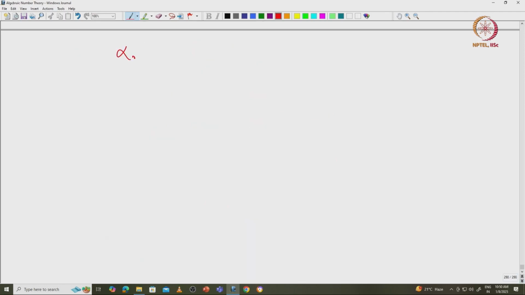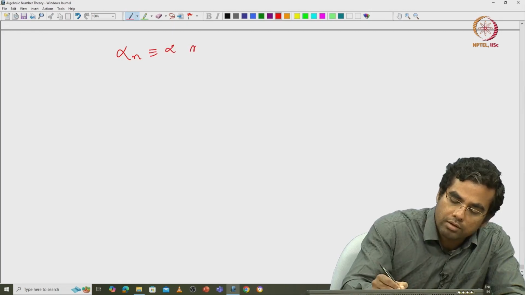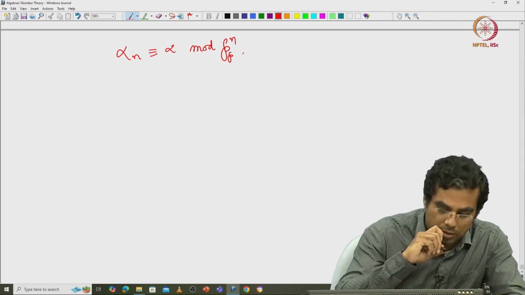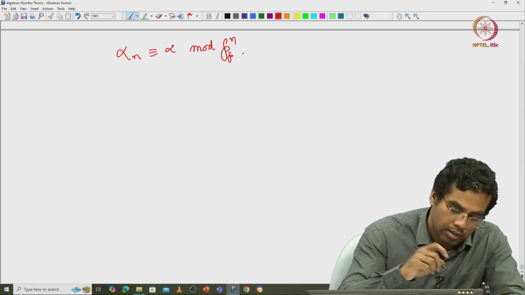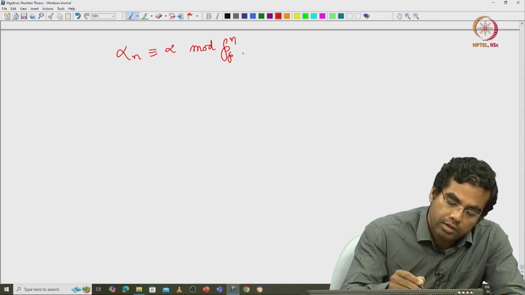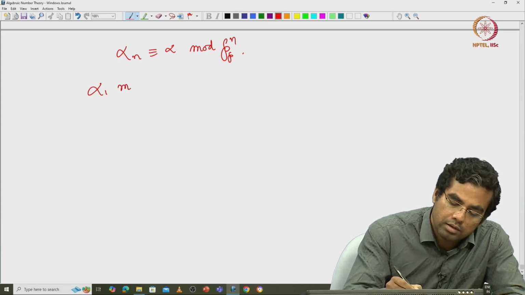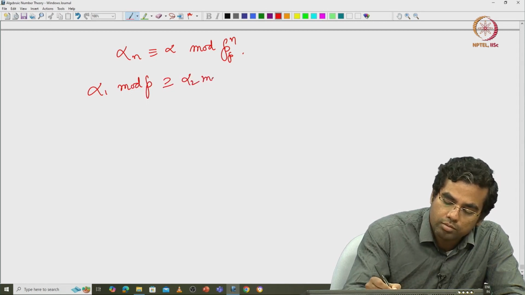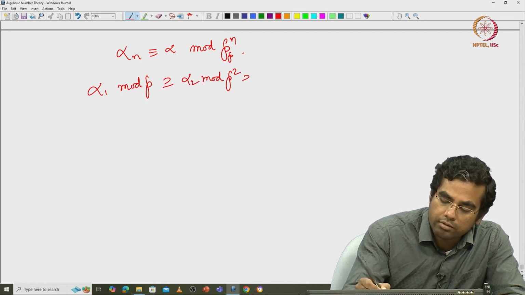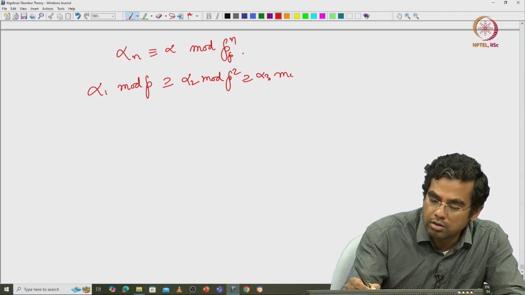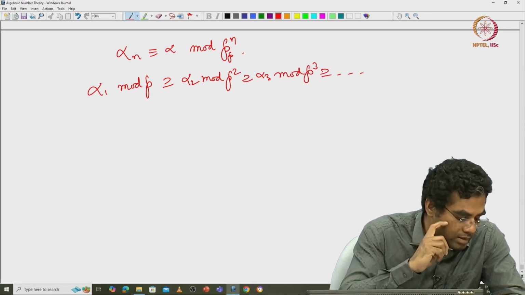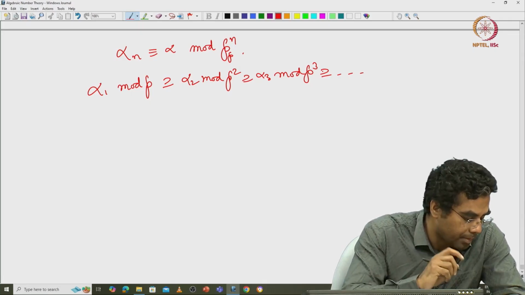Well, alpha n is congruent to alpha modulo P to the n, or P sub P to the n to be technically correct. But furthermore, alpha 1 mod P contains alpha 2 mod P squared, which contains alpha 3 mod P cubed, and so on. Okay. So, you get a nested sequence like this.